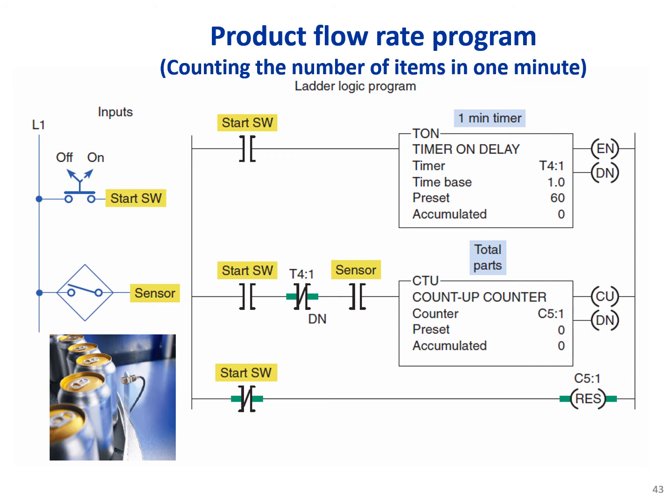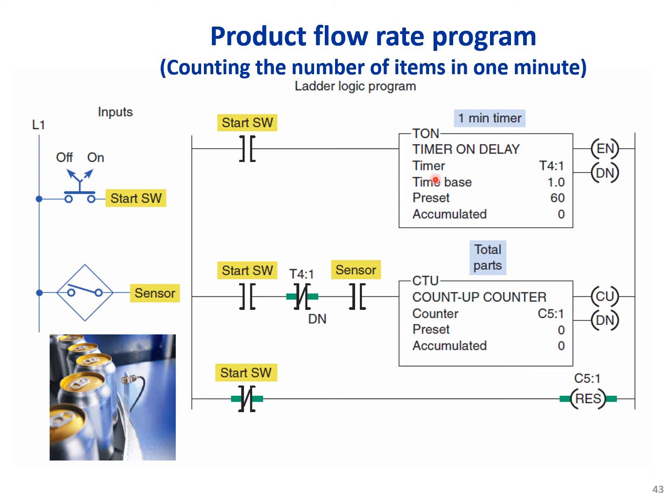Product flow rate program. This is another program. We will count the product rate. Here we have a sensor that counts the cans, and every time a can passes, we count up the up counter. However, the done bit of the timer should be false.